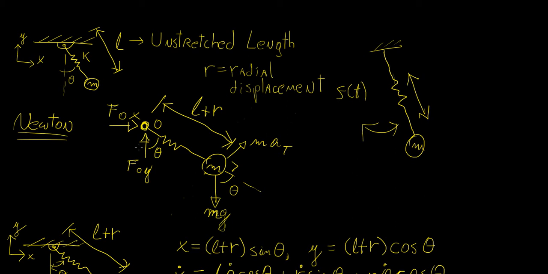Now you could try this approach and you would get some equations, but the problem you're going to run into is that those equations won't be correct. The reason is that if you do it like this by taking the moments, you're not really taking into account the fact that there is a spring force involved here.